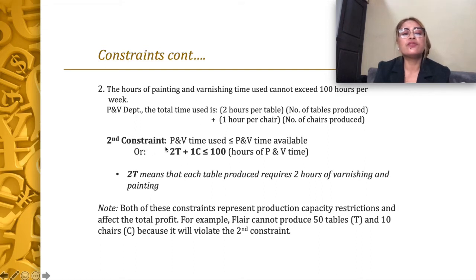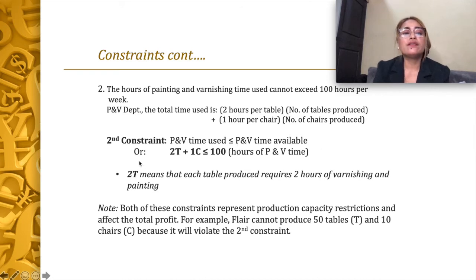Now the second constraint is painting, because it says that it cannot exceed 100 hours per week. So painting and varnishing time used must be less than or equal to painting and varnishing time available.